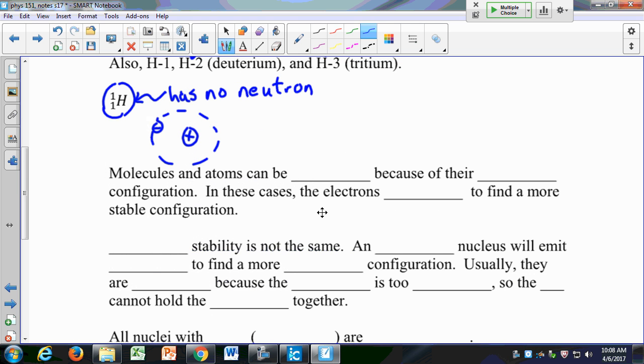So molecules and atoms can be unstable because of their electron configuration. In these cases, the electrons will change to find a more stable configuration. But on the other hand, we're not really worried about electrons, we're worried about the nuclei, and nuclear stability is not the same.